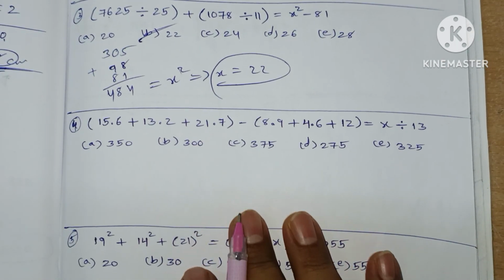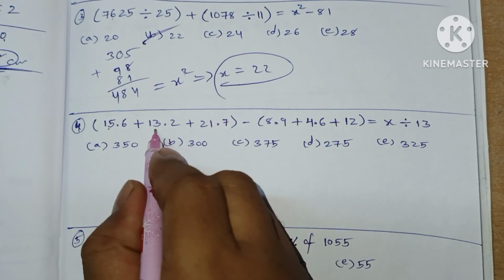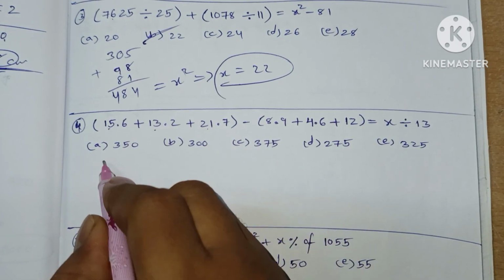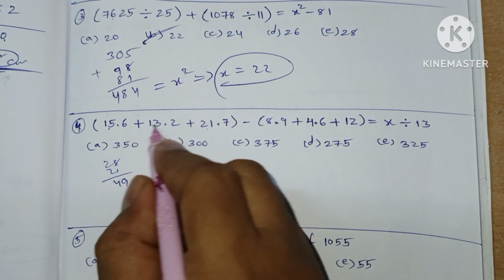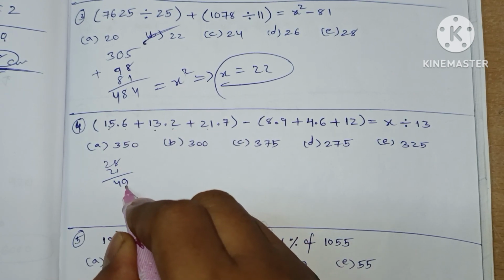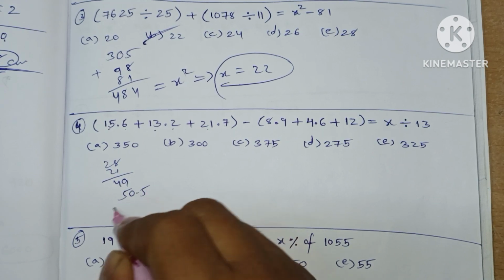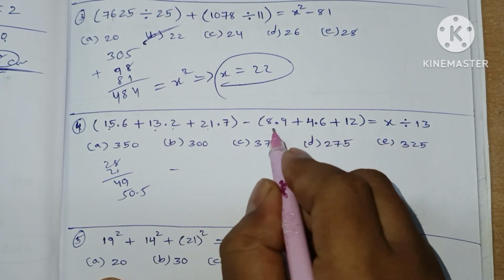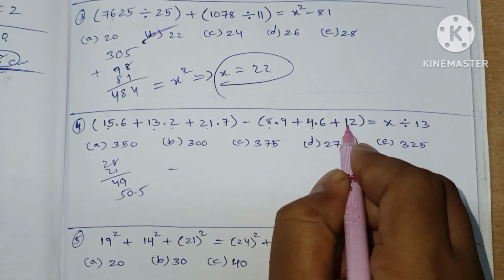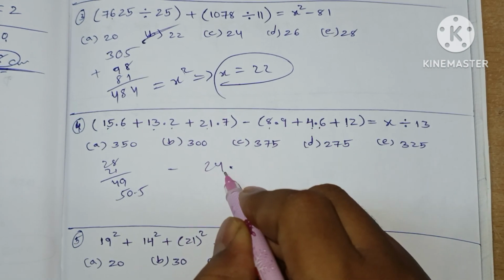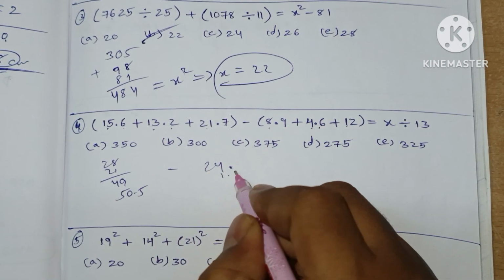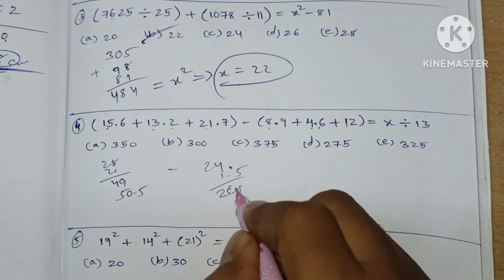Next, fourth question. 15 plus 13 is 28, 28 plus 21 will be 49, and 8 plus 7 15 means 50.5, minus here 8 plus 4 is 12, 12 plus 12 is 24, 9 plus 6 15 means 1.5, so 25.5.